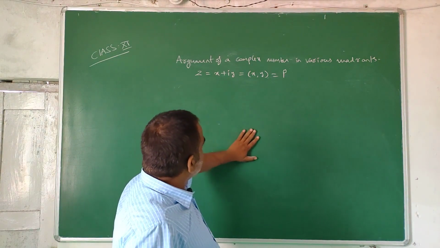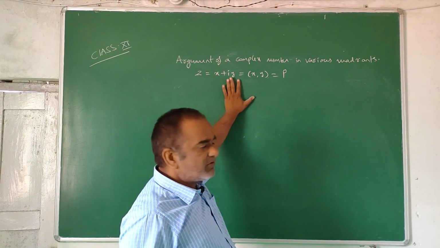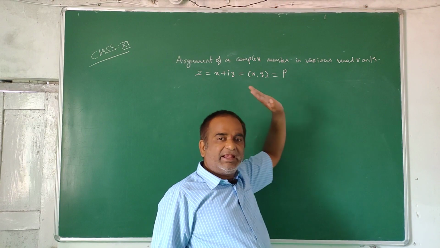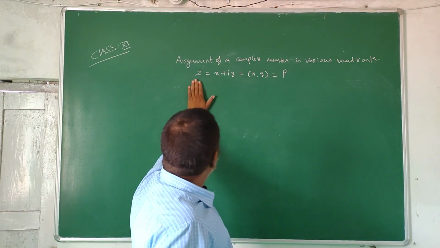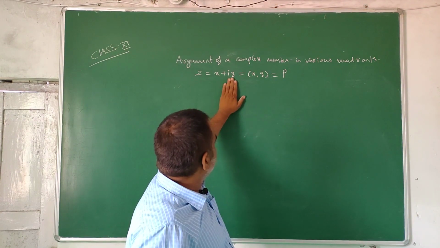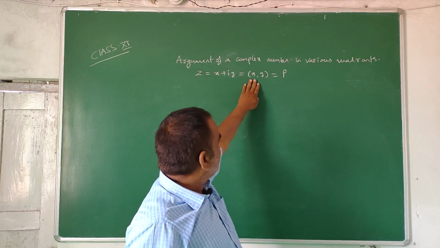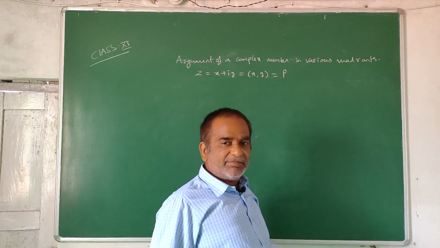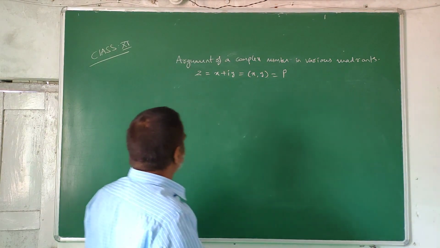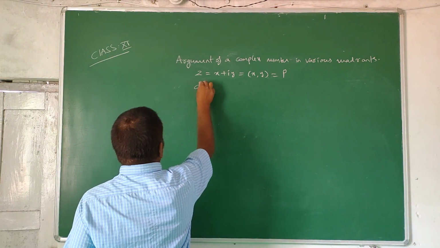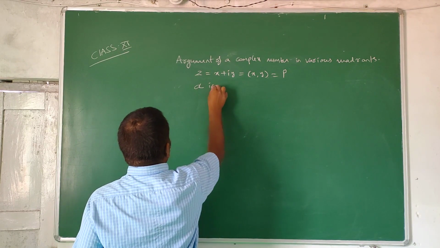Throughout this discussion, these are all taken for granted. And alpha is an acute angle.